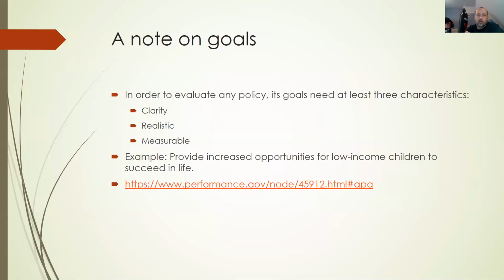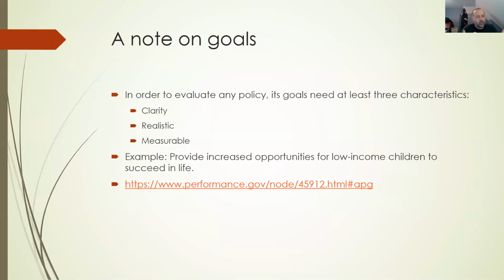Okay. So if you want to see how the government has done this in the past, there's a web link here, performance.gov, and you can get an idea at how this particular administrative agency and this particular program within the Department of Health and Human Services lays out the goals, lays out how they measure progress, lays out what progress has been made, so that we can see then what else needs to be done.